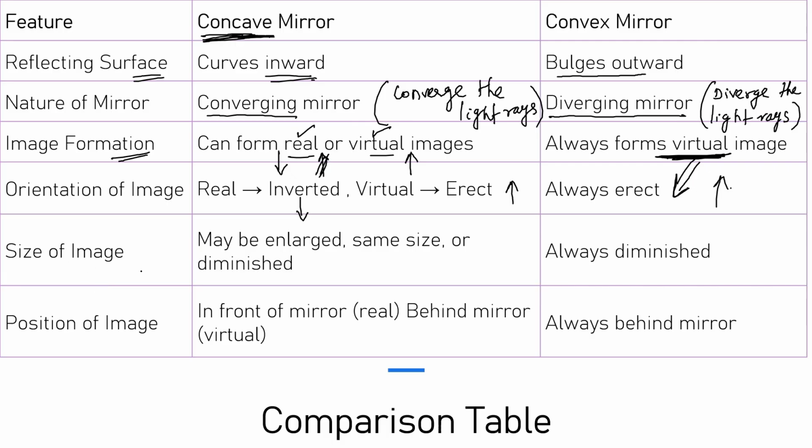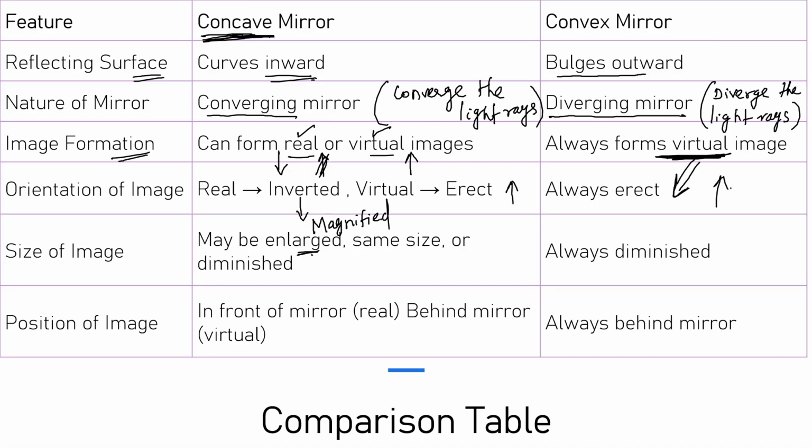Now, what about the size of the image? Concave can form enlarged image. Sometimes we use enlarged, or another term that we use for enlarged is magnified.